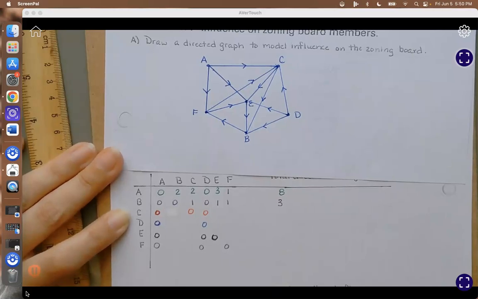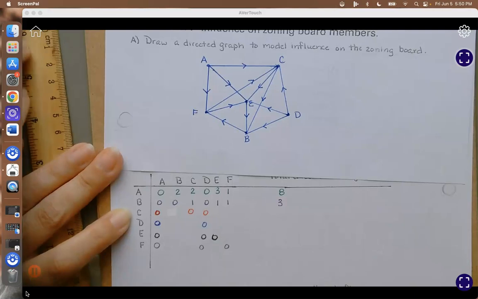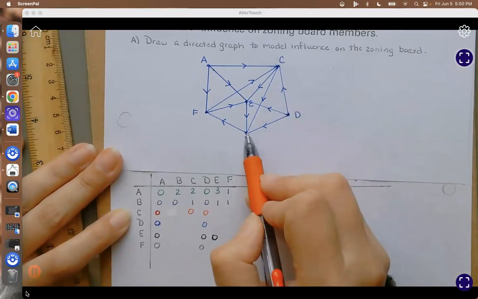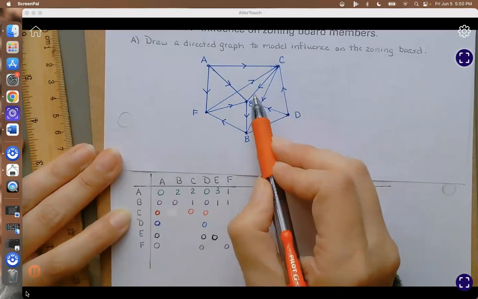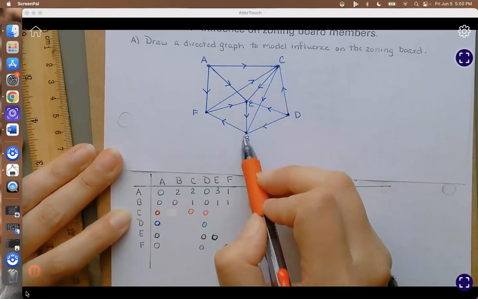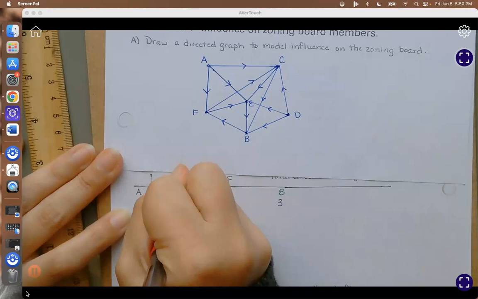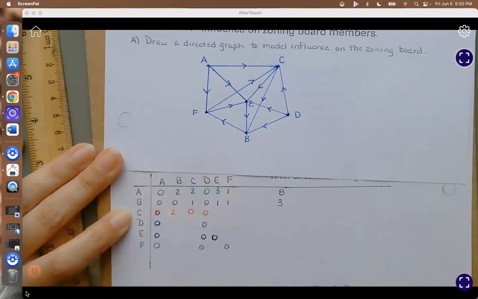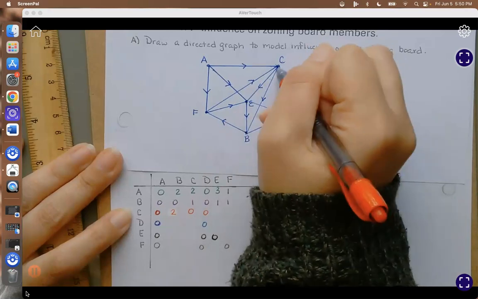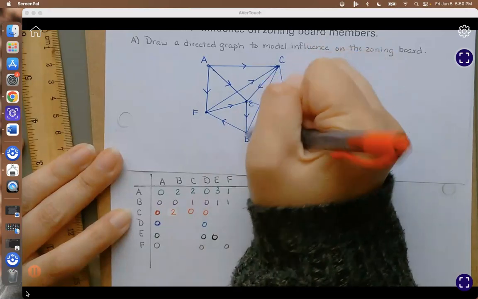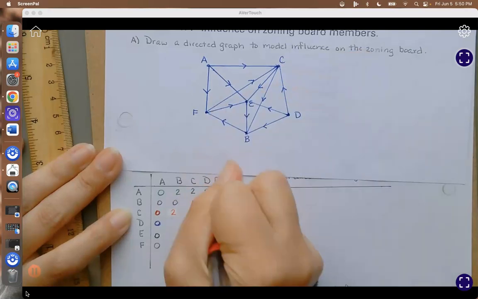All right, so C to B. C to B, there's 1. Here's the other road out. There's 2. Okay. C to E, there's 1. And then there's no way to go from B to E, so there's just 1.